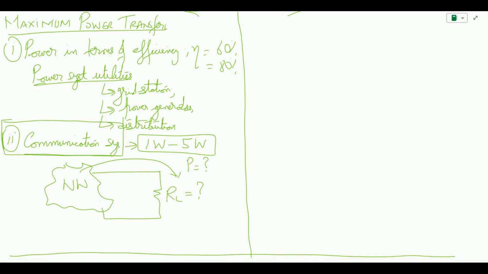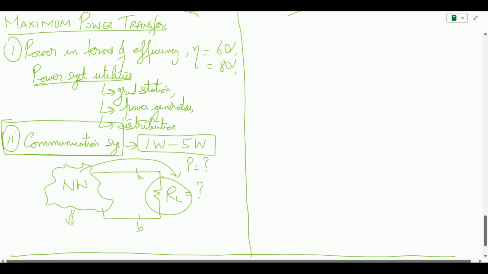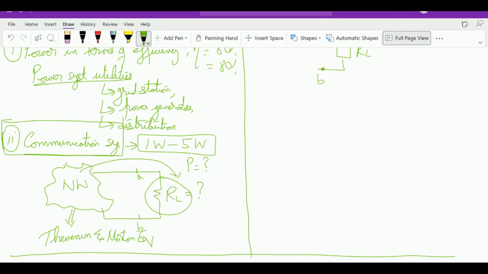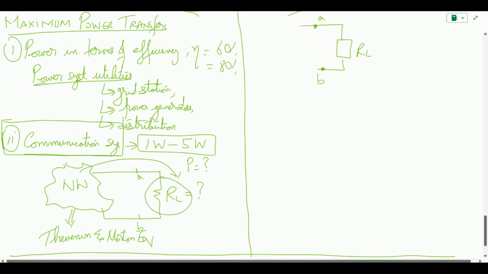In order to find the power received at the load, you can see we have these terminals A and B. This network can be solved using the Thevenin and Norton equivalent principle. For example, if I want to know how much power is being delivered to this load R_L, let's say this is terminal A and this is terminal B, I can figure out the behavior in terms of the Thevenin or Norton equivalent.